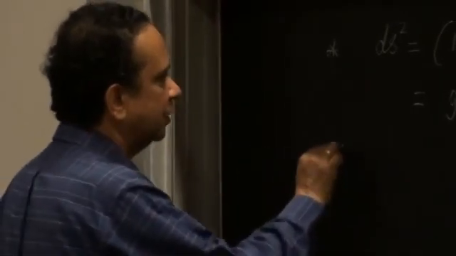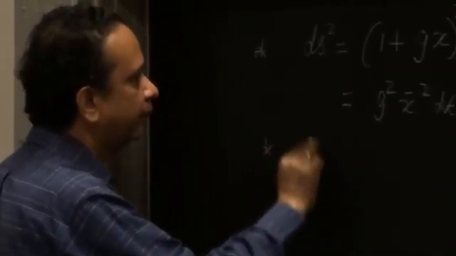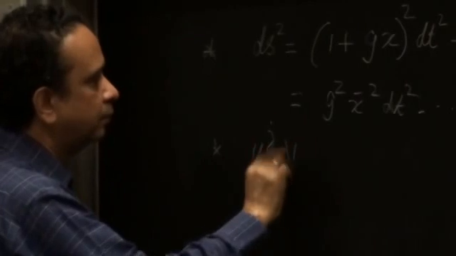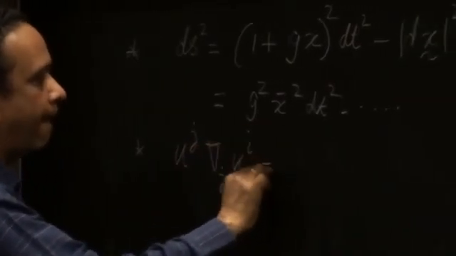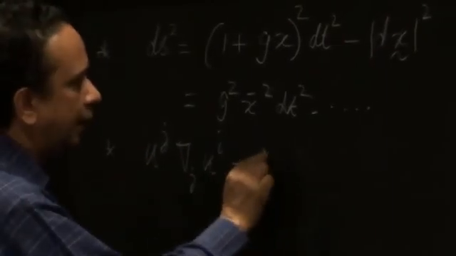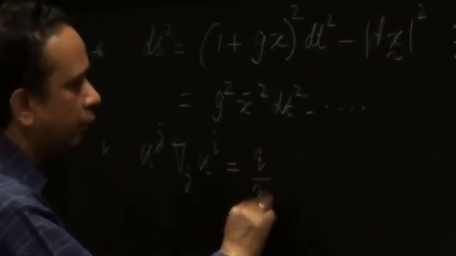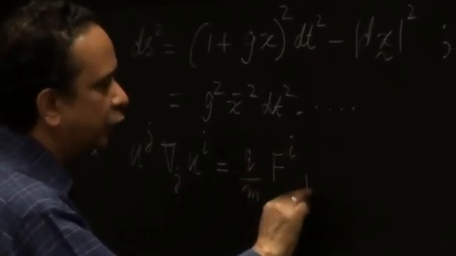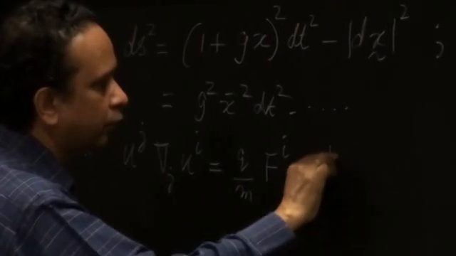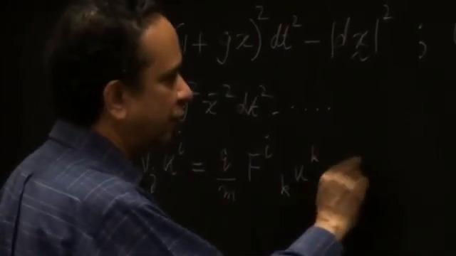So the equation for the acceleration would be something like u^j ∇_j of u^i. This is the acceleration, which will be equal to some q by m times F^i_k u^k. So this allows you to define the electric field in a very natural way.